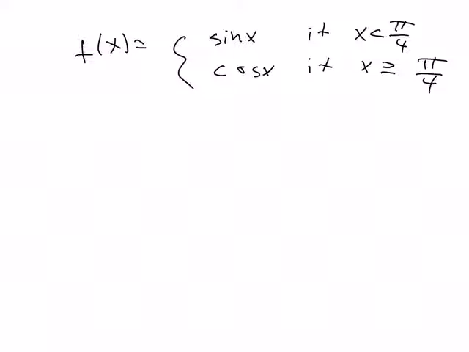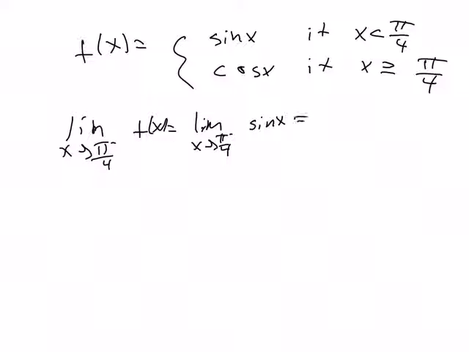So the limit as x approaches pi over 4 from the left of f of x is equal to the limit as x approaches pi over 4 from the left of sine x, which is equal to sine of pi over 4.